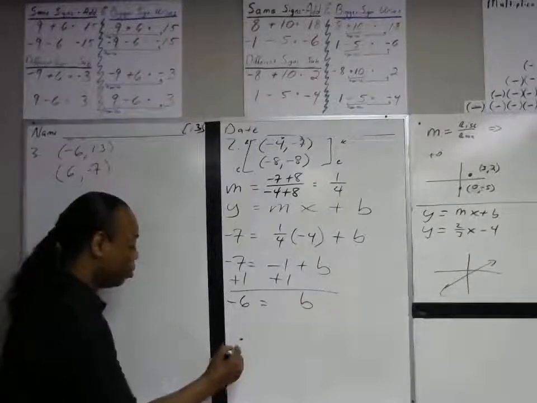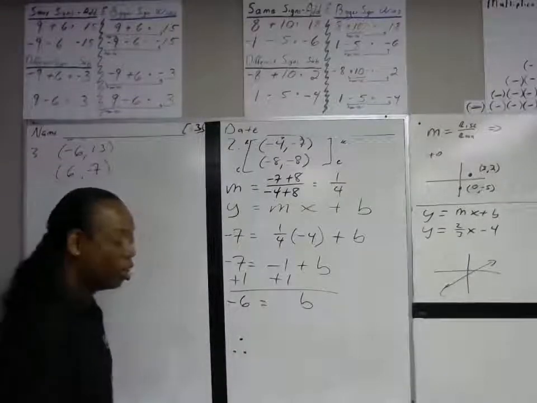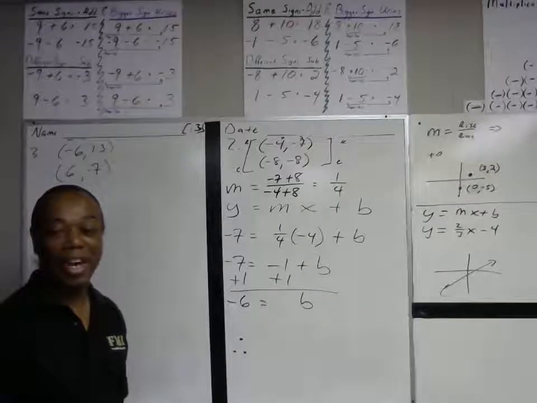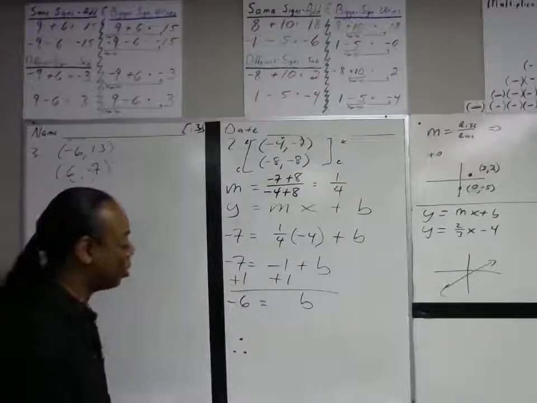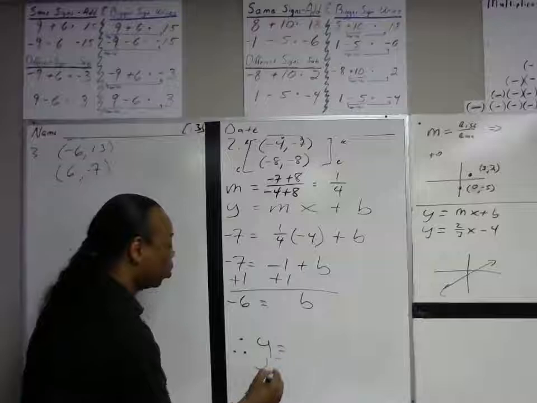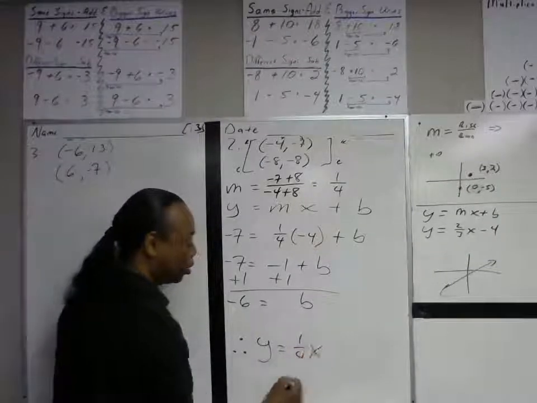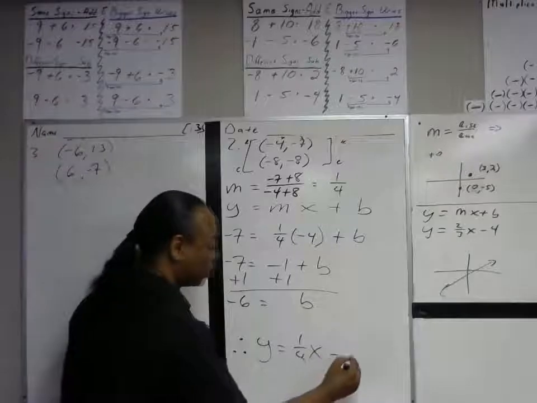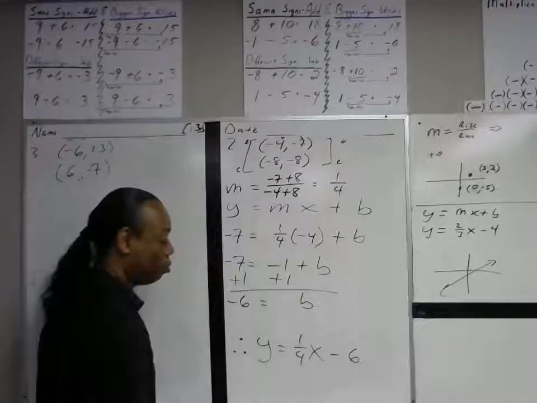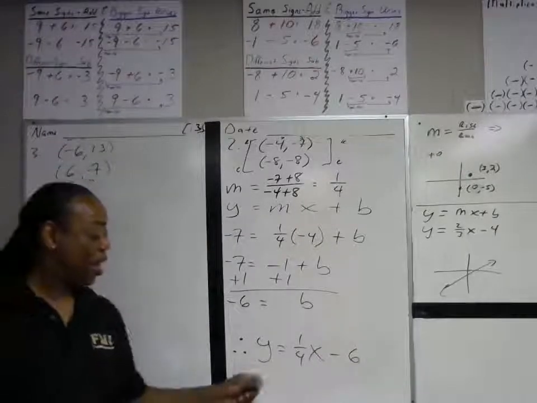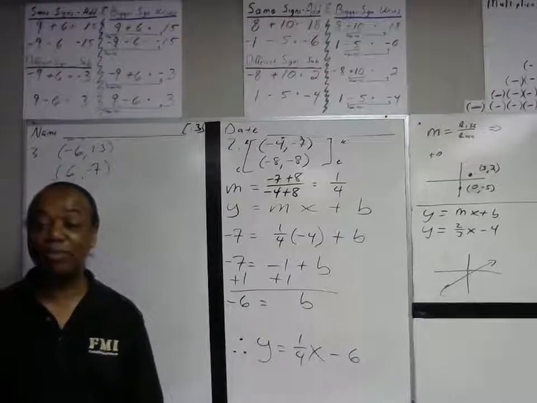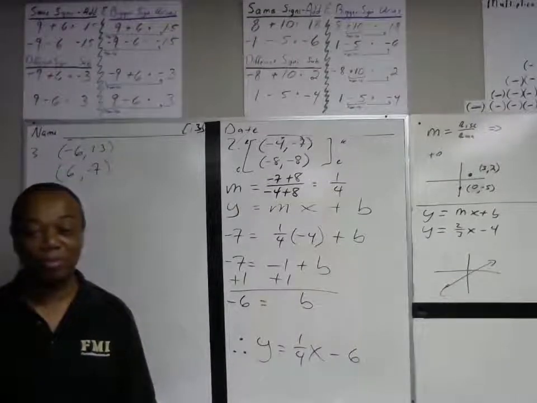Therefore, as a result, I'm going to get y equals 1/4 x minus 6. And that's the equation that started it all.